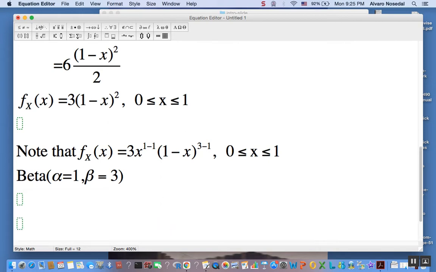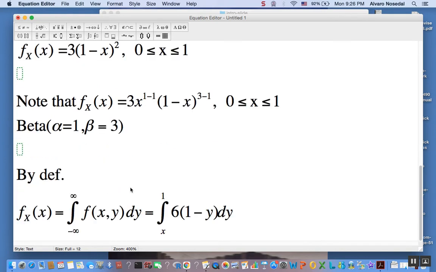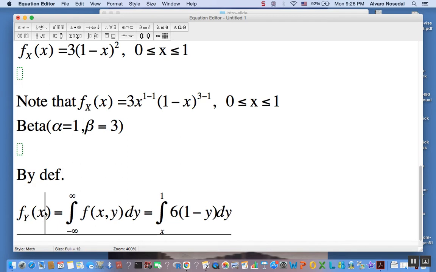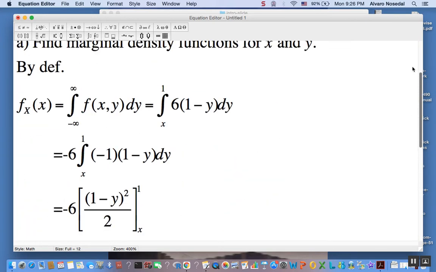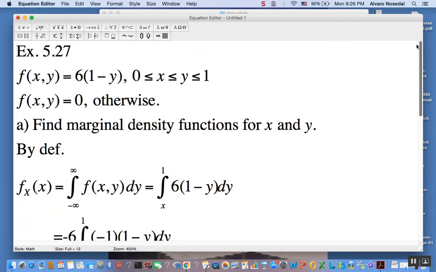So again, just by definition, if you want the marginal for y, you are going to integrate the joint PDF with respect to x. Now let's take a look at the original joint probability density function. Since now instead of integrating with respect to y, we are integrating with respect to x, note that x has these two restrictions.